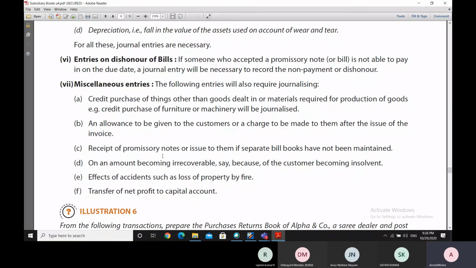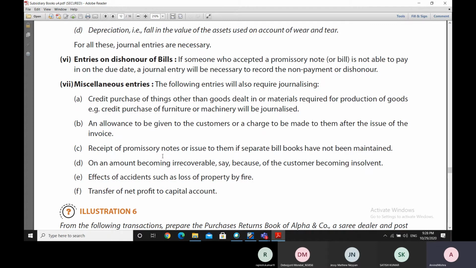The sale invoice has been issued, but after the issue of the invoice, there is either an allowance to be given to the customer or some payment which is to be taken from the customer. So whenever such allowance or such payment is taken or some charge is made upon the customer, then it will be entered straight in the journal rather than in any other book.